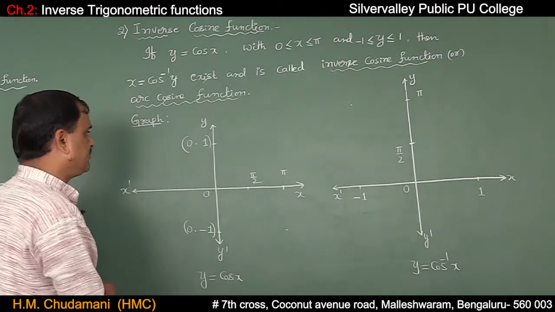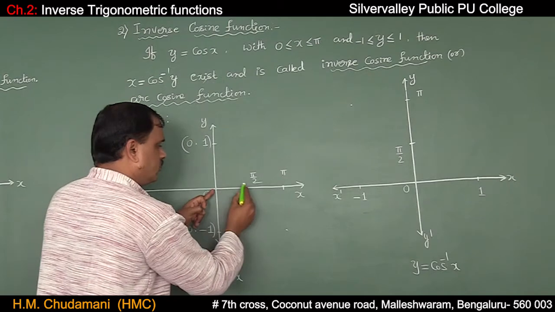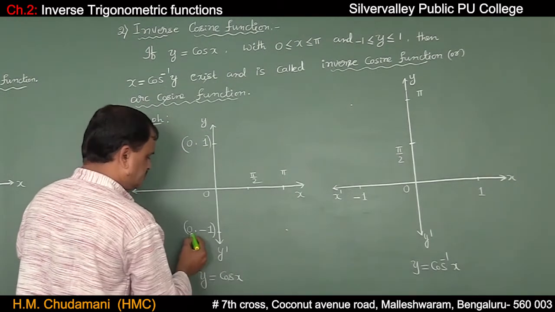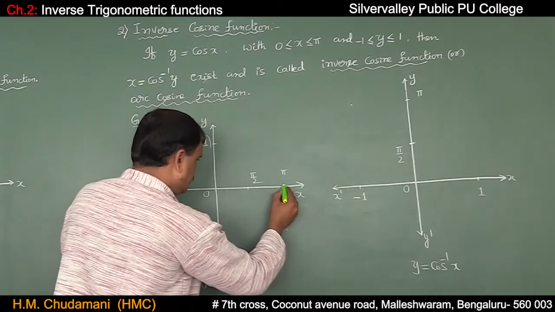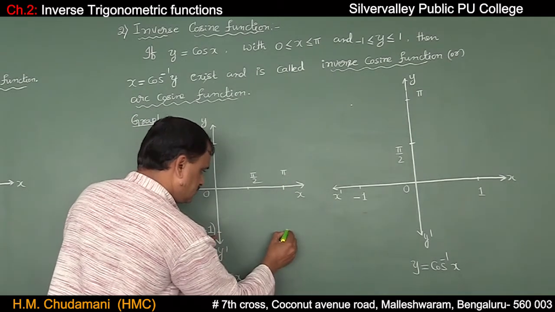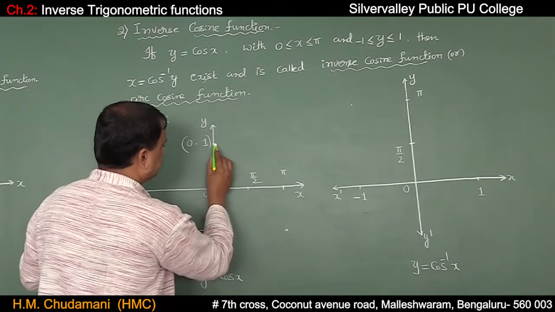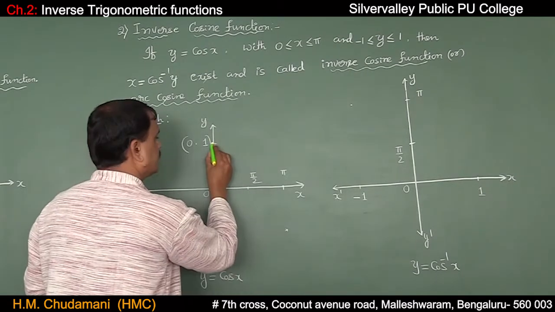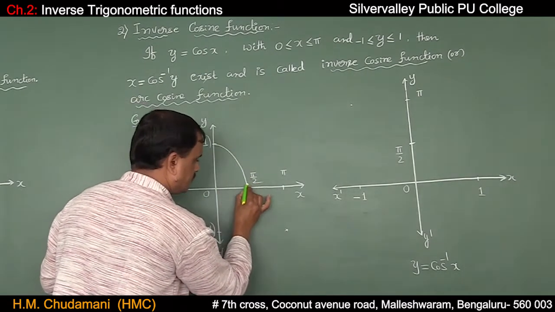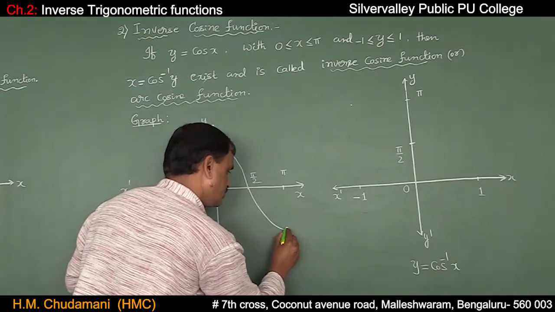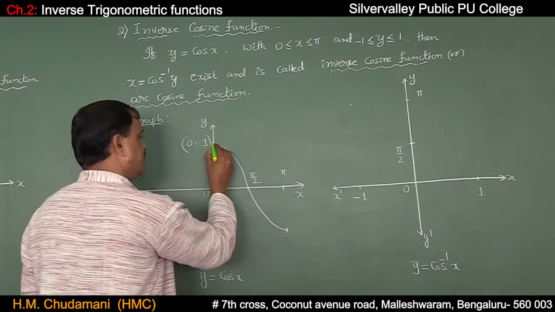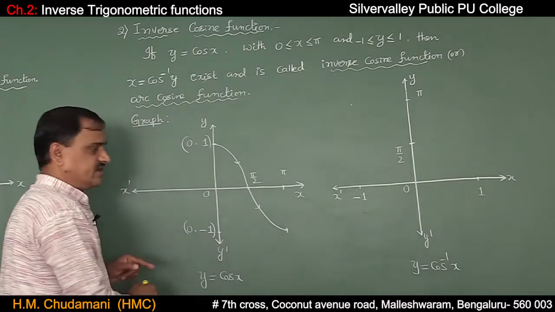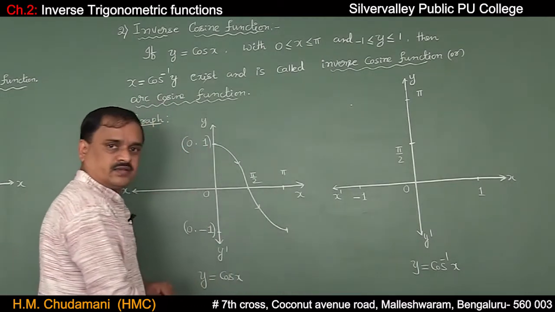Let us see the graph of this. So 0, pi by 2, pi, 0 comma 1, 0 comma minus 1. So this is the point here, just like this. It is only a decreasing function, you can note it, between 0 to pi.